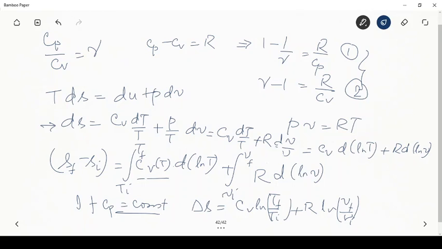The next expression that we have for the same quantity ds is, if I start with Tds is equal to dH minus Vdp. This is the other expression that we had seen in the earlier part.